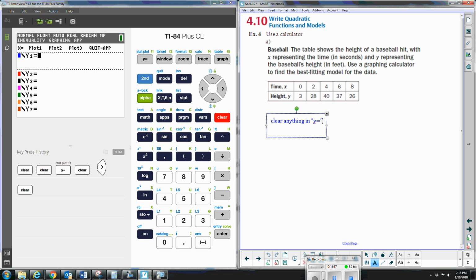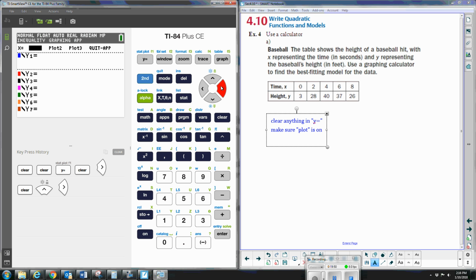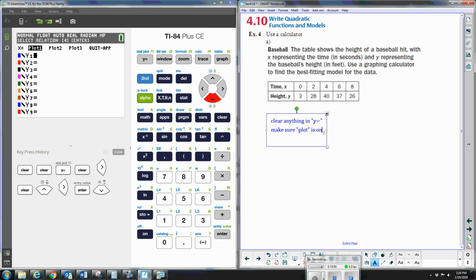Then the next step that you want to do is to make sure the plot is on. So you have to scroll up on your calculator and turn that plot on. So it should be highlighted when it's on.